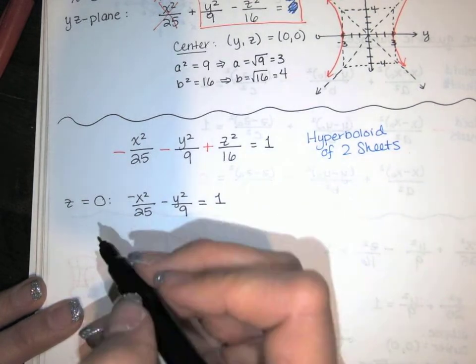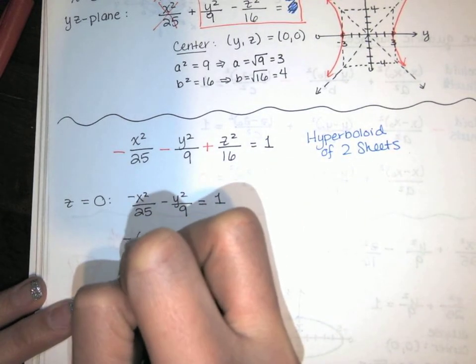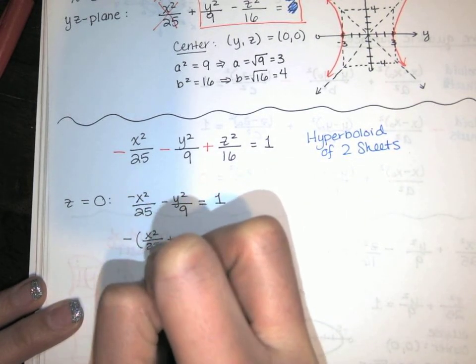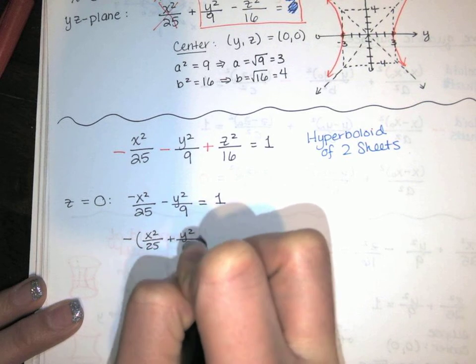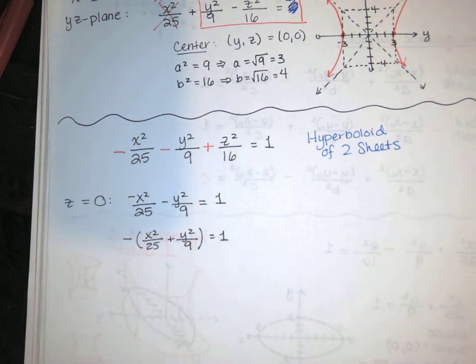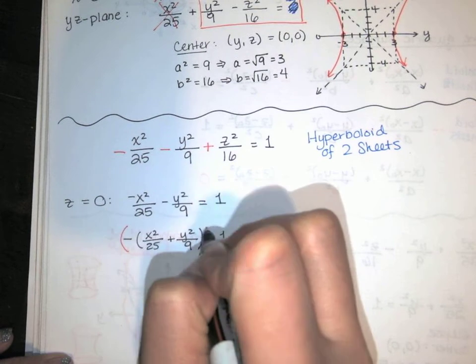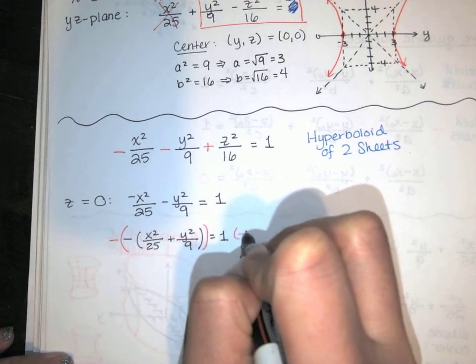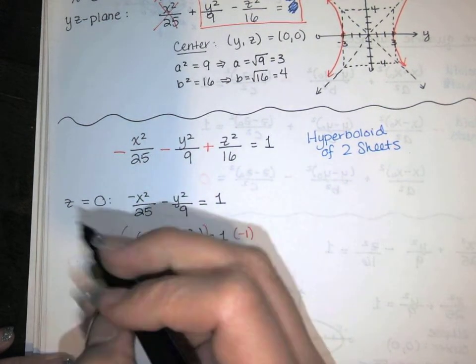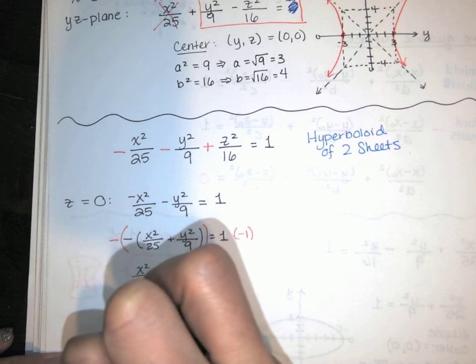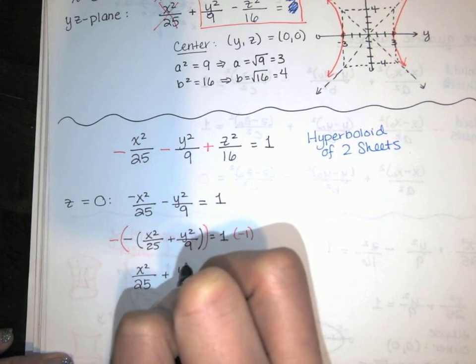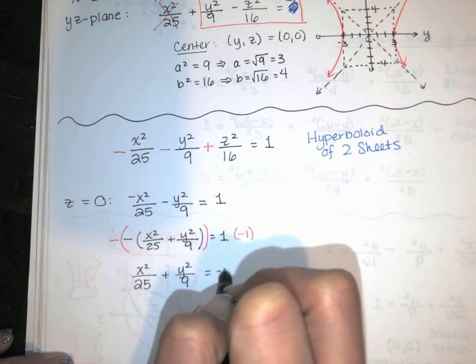Now if you want, you can factor out that negative sign. So it looks like this. And if you want, from there, you can multiply both sides by -1. It's cool. So now we've got x squared over 25 plus y squared over 9 equals -1.